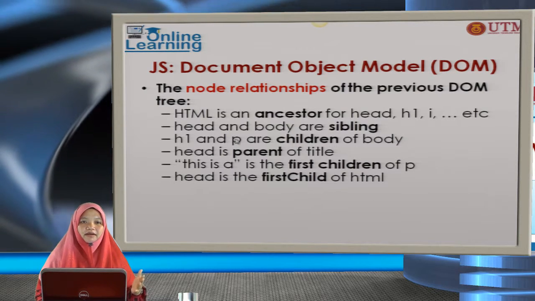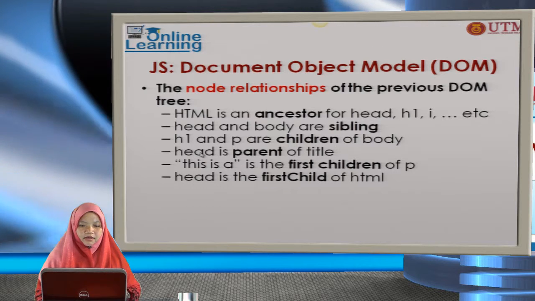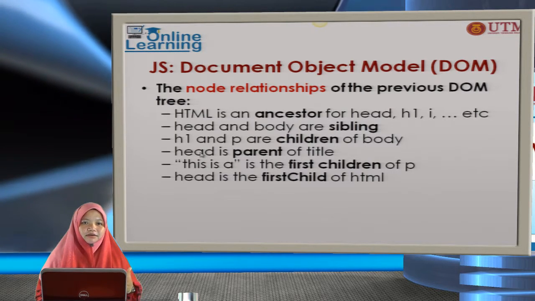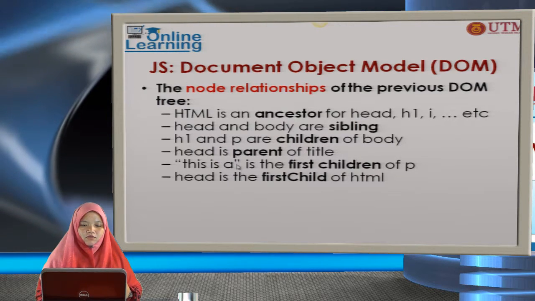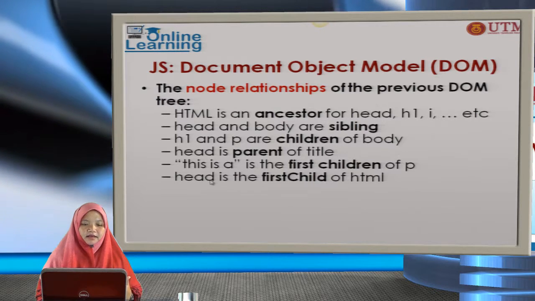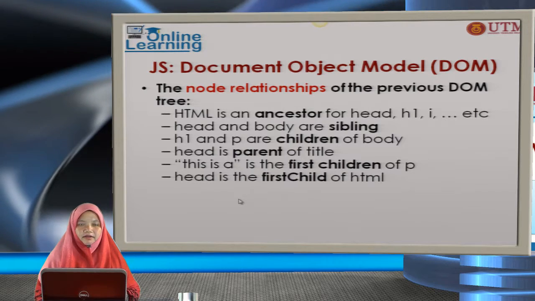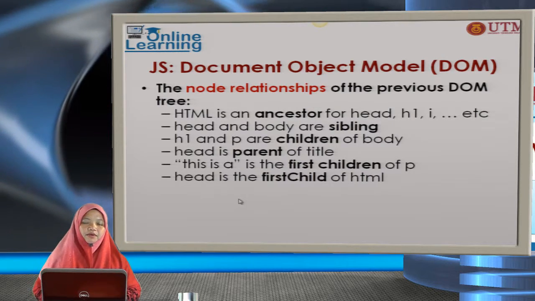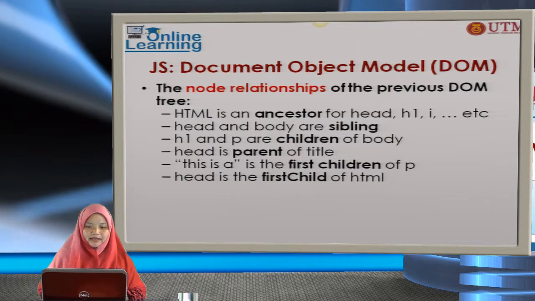Then H1 and P, we call them children of the body. And then head is the parent of title. This one is referred to as the first child of the body, and the last one is head, the first child of HTML. So this is how you describe the relationships between the nodes involved in that tree.